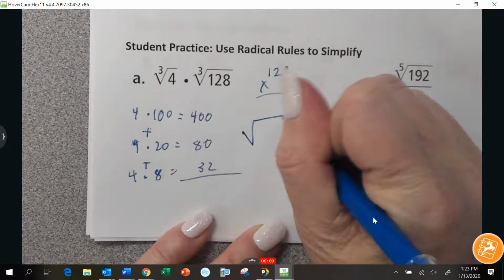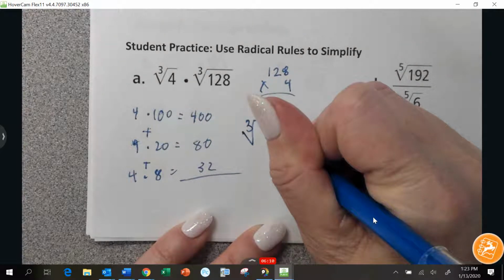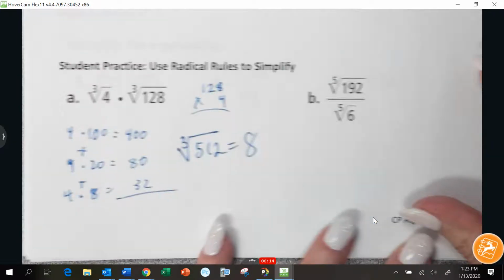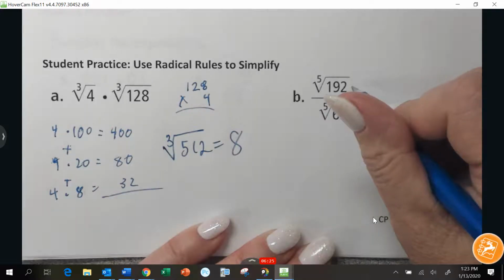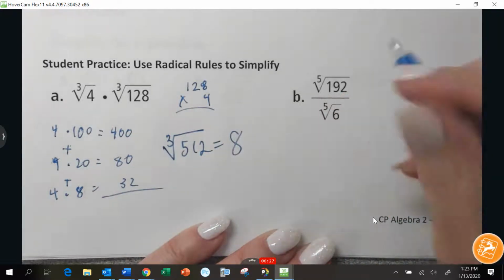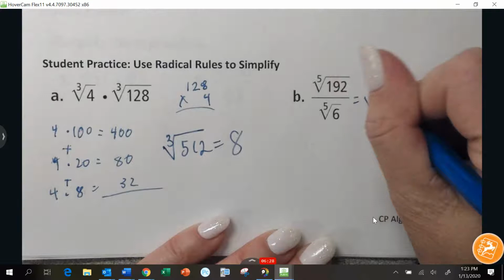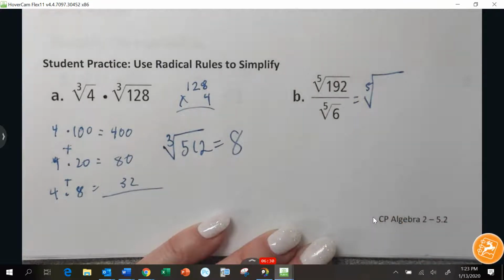And I know you all know the third root of 512, don't you? It's on the list. Fifth root of 192, fifth root of 6, I don't know those. So I'm going to combine them and do 192 divided by 6, and hopefully that goes evenly.